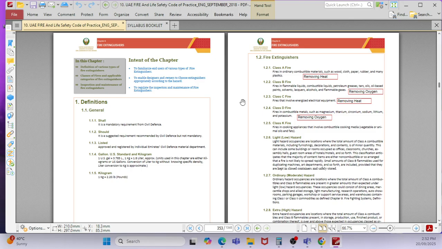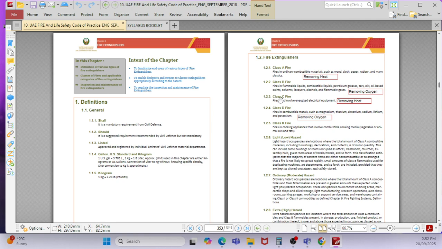So what we are doing is removing the oxygen by spreading the extinguishing material on top of that oil layer. If you spread the extinguishing material on top of the oil layer, there is no chance of oxygen going into the oil. So you are breaking the oxygen chain, and then the fire will be extinguished.